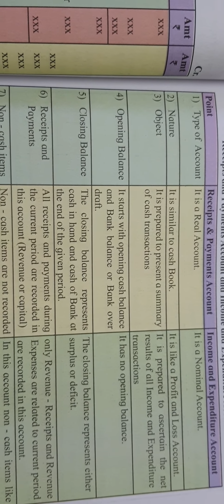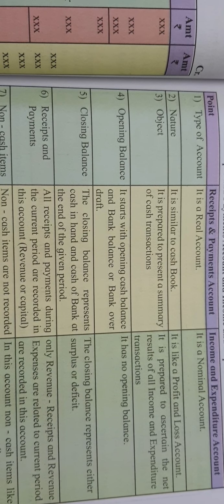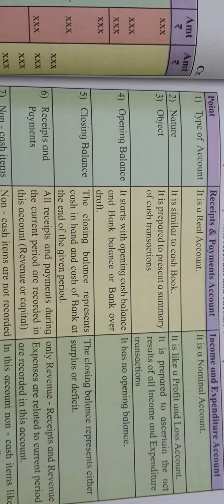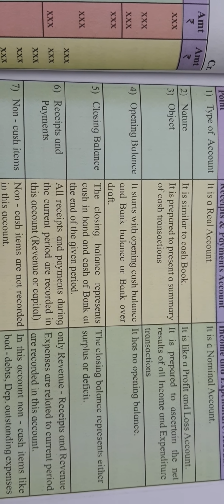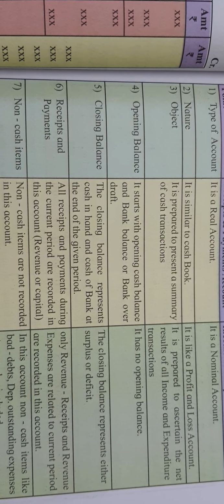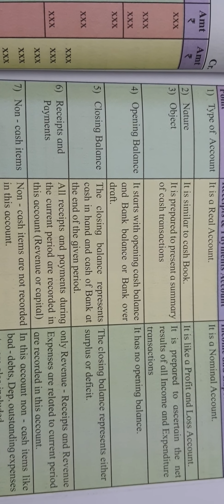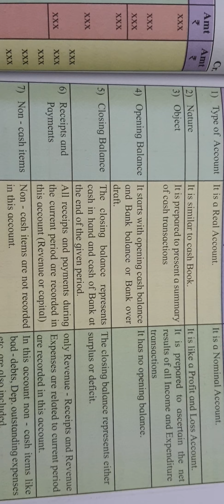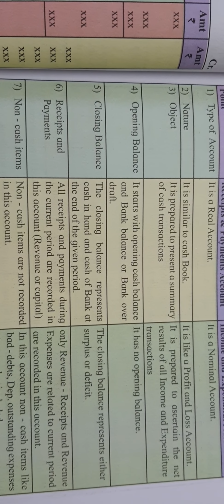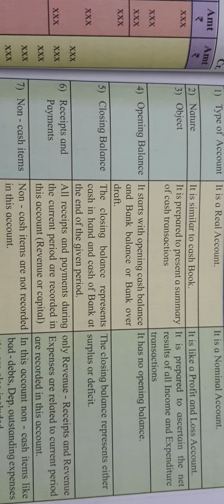Receipts and payments includes the opening cash and bank balance. But in the income and expenditure account, there are no opening balances. Here the closing balance represents actual cash and cash in bank at the end of the given period. In income and expenditure, the closing balance represents whether it is a surplus or deficit.